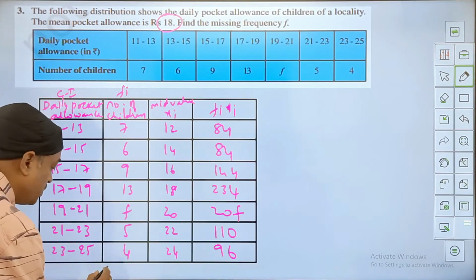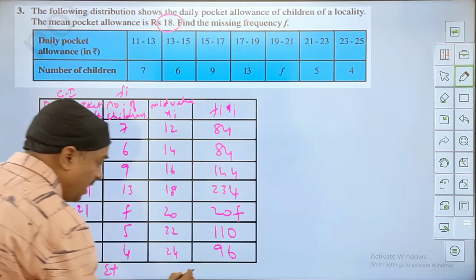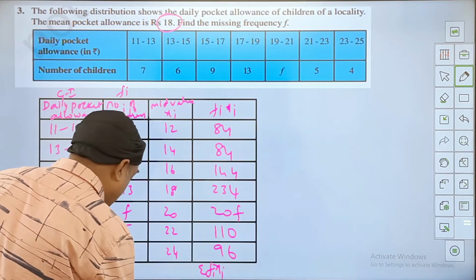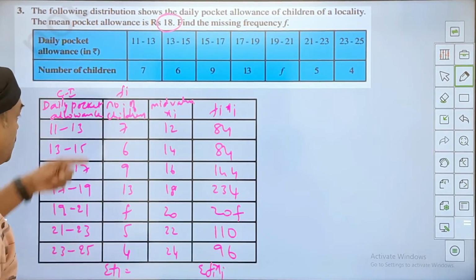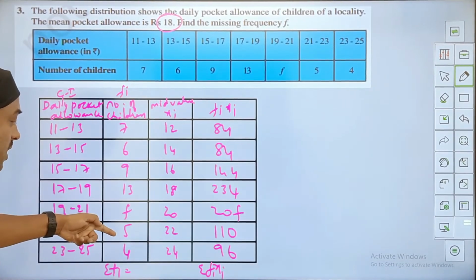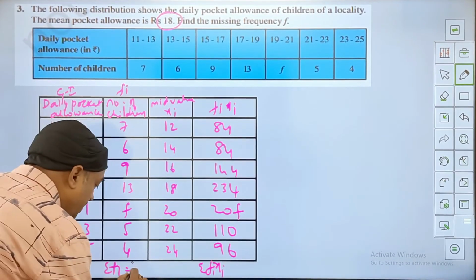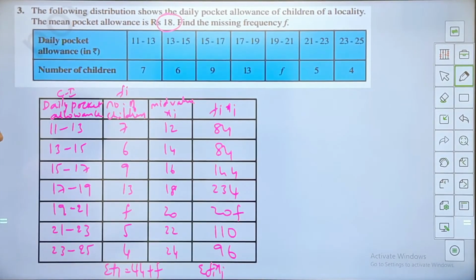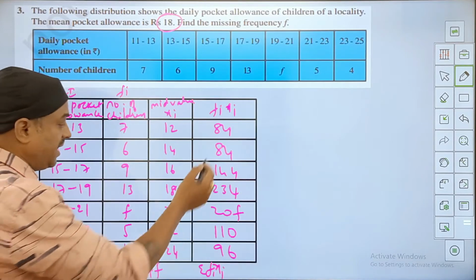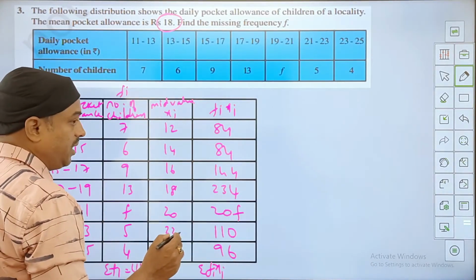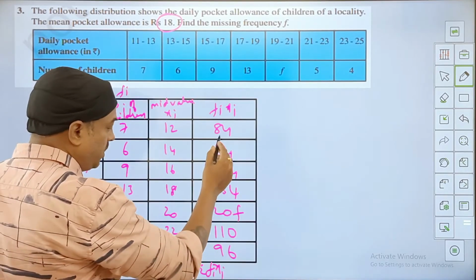So I need to know summation of F here and summation of Fi Xi here, and I need to get these values. So this is 7, 13, 22, 35, 40, 44. So this is something like 44 plus F. Okay, 44 plus F, and the rest of the values here I just need to add up. So now if you add all these numbers, how much do you get?